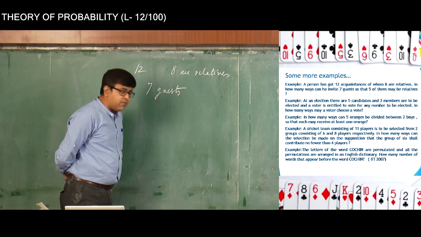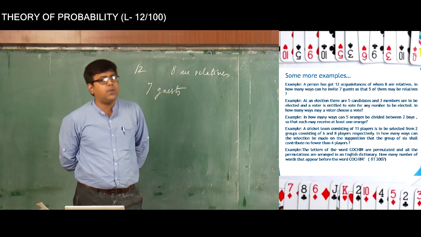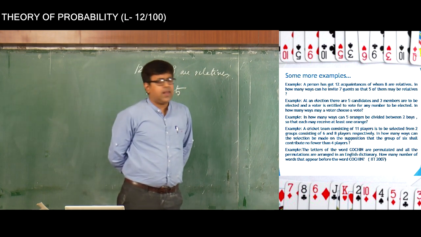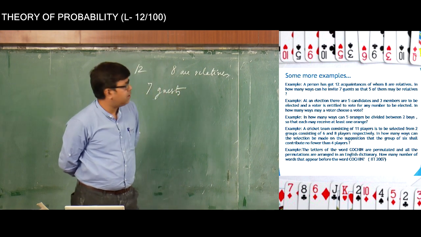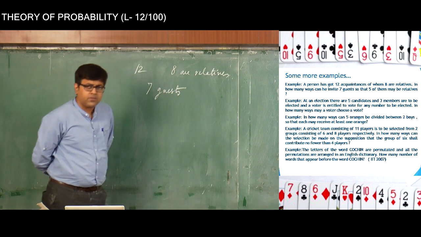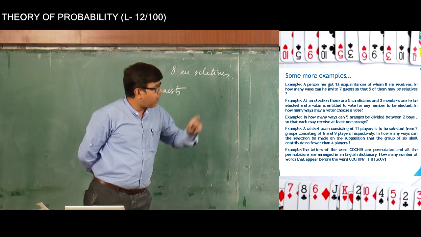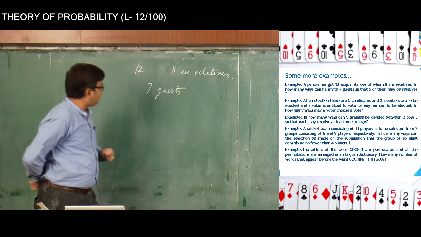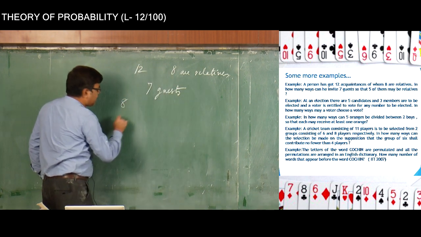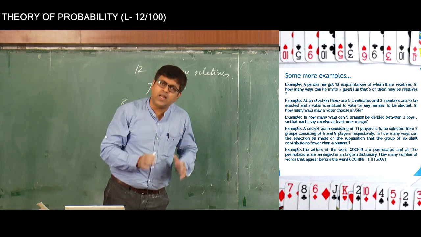Now, since 5 of them must be relatives, let's find out in how many ways I can select those 5 relatives, or how many ways I can invite those 5 relatives, because I have to have 5 relatives here. Now, how many relatives are there? There are 8 relatives, and you want to invite exactly 5 relatives.